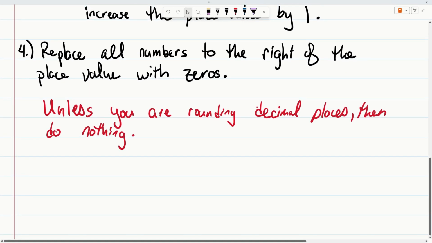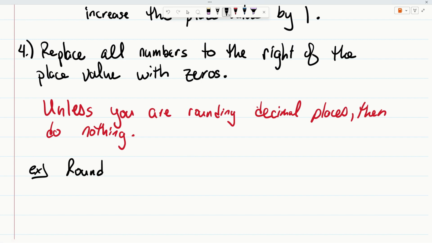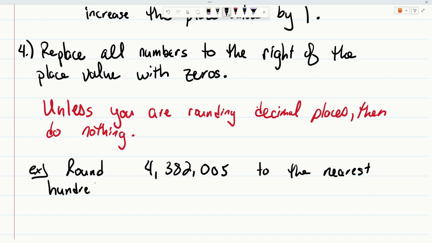First example, let's round 4,382,005 to the nearest 100,000.